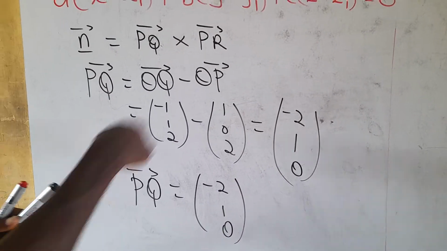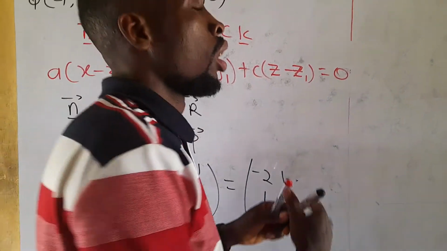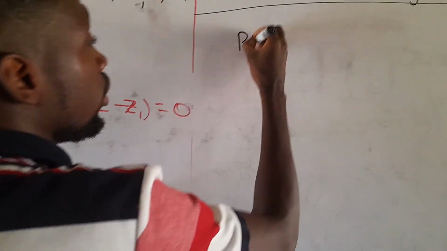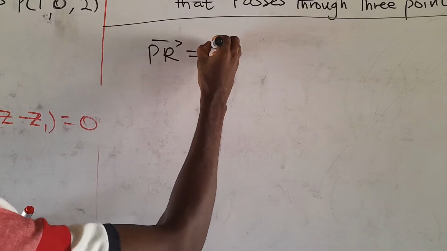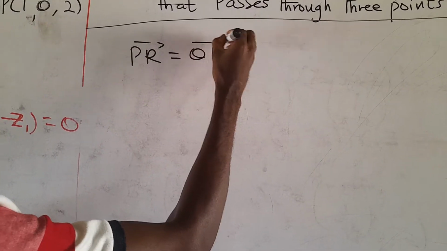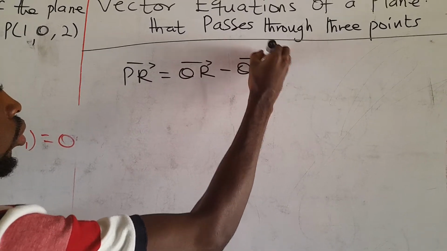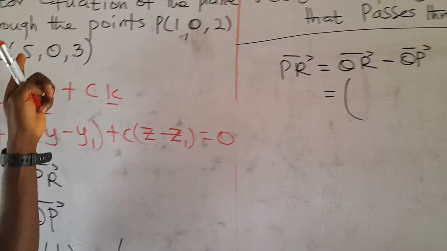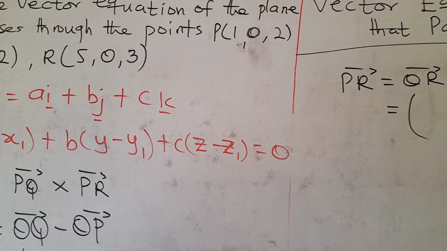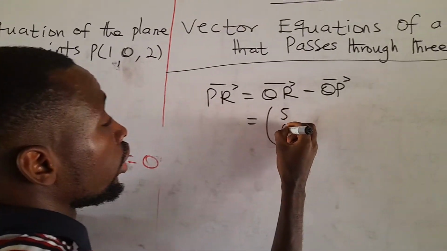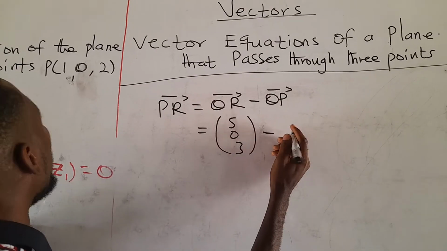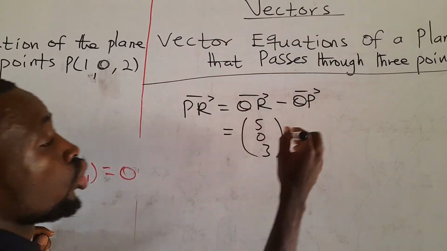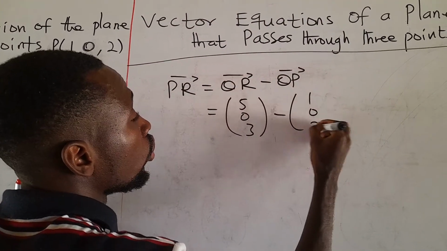Then we need to find PR. Our PR will be equal to OR minus OP. What's our OR? Our OR is 5, 0, 3. So I have 5, 0, 3 minus OP, and OP is 1, 0, 2.